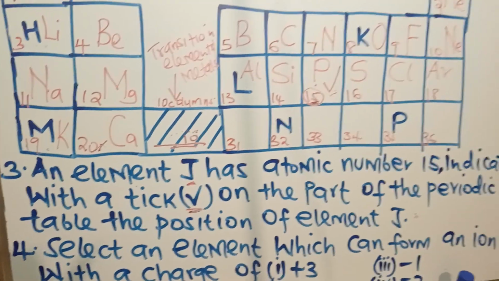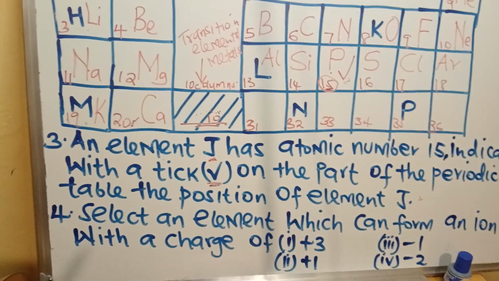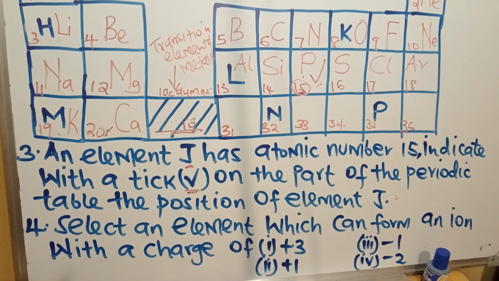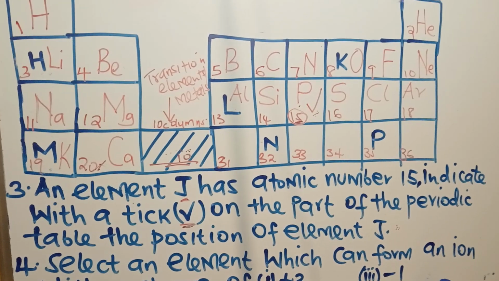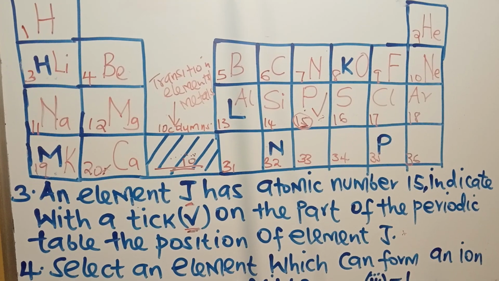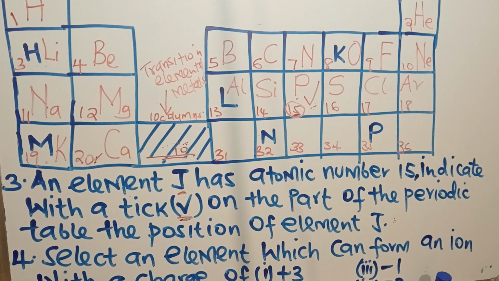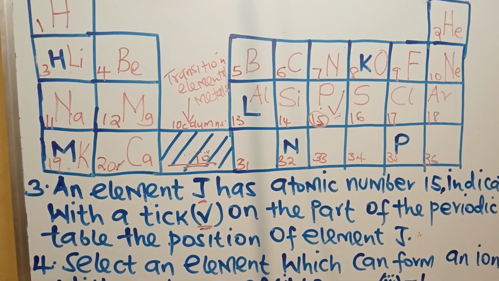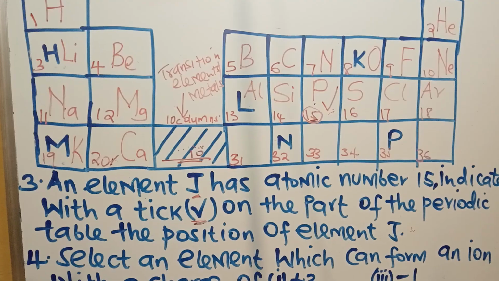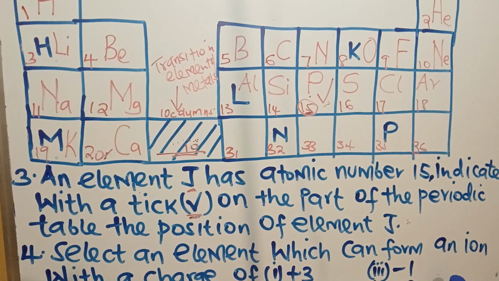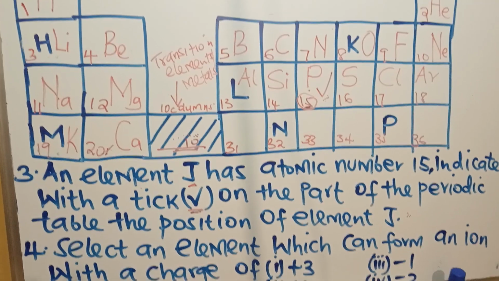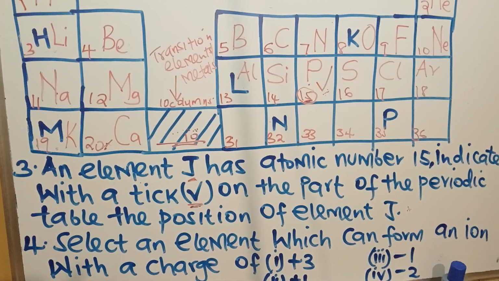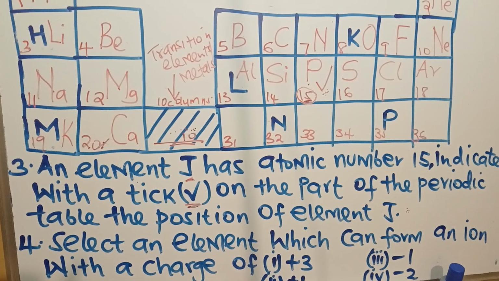In the questions that will come in the near future, note this also. In case you are told to write a chemical equation and you are told to use any element that has been provided, and when I say the elements that have been provided, I mean like for this case where we have capital H, capital M, capital L, capital N, capital K, capital P, if any of those elements that were provided in the question, if you are told to use any of them in the writing of a well-balanced chemical equation, you use them as they are.